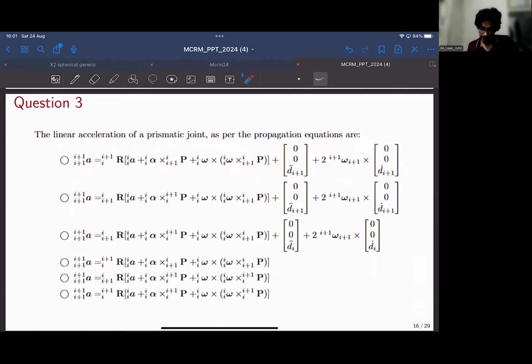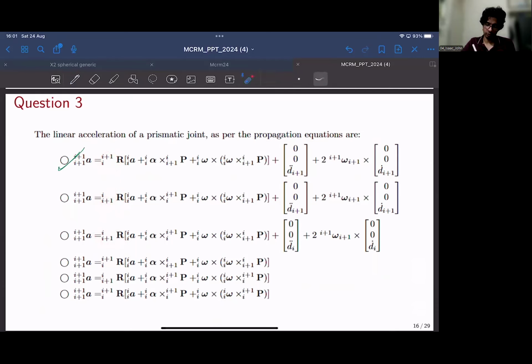I strongly suspect that equation A itself is correct because this rotation matrix is correct. In the other cases, the rotation matrix is not correct because you have to bring everything to the frame of reference i plus 1. This does that; this does not do that; this also does not do that. So I believe option A is indeed the correct answer.